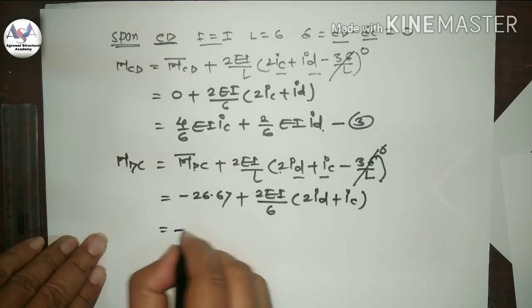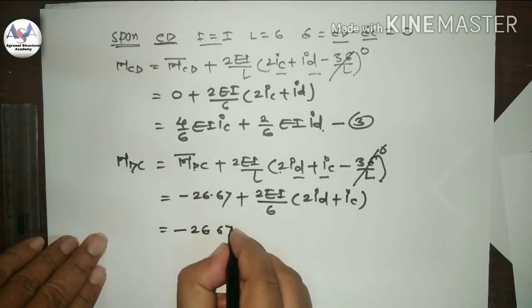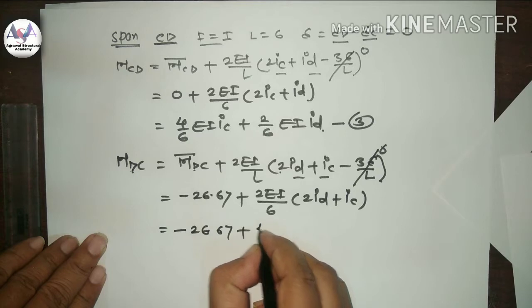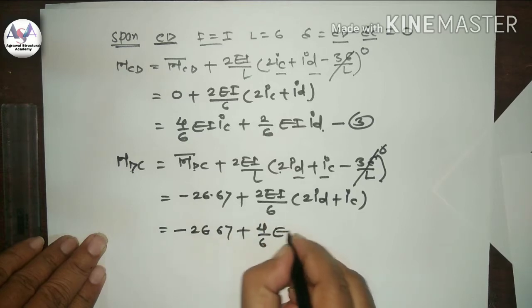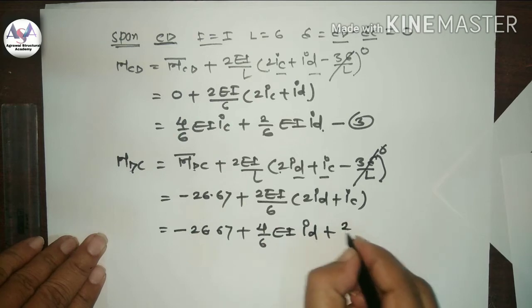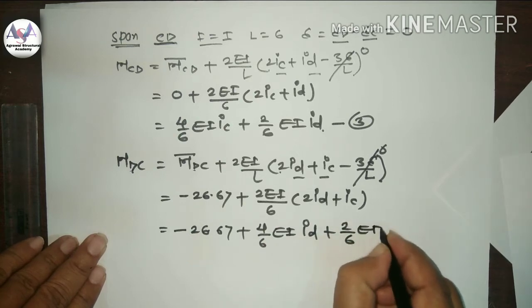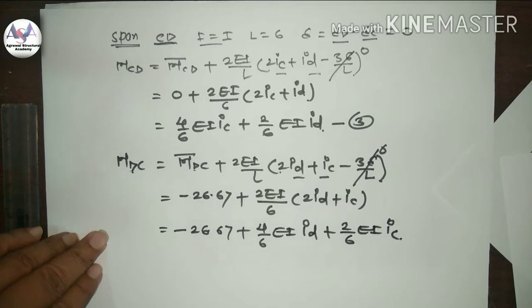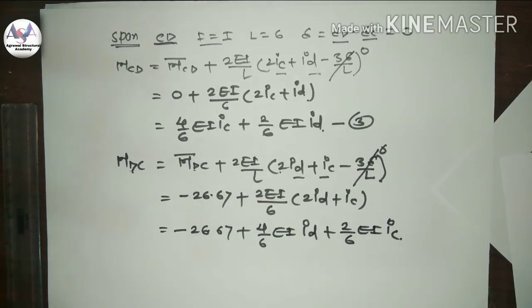So this becomes minus 26.67 plus 4 by 6 EI ID plus 2 by 6 EI IC. So this is the third step that we have completed here. Then next step is to apply the equilibrium conditions.